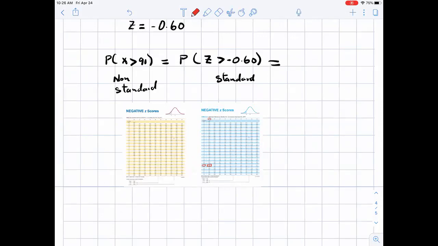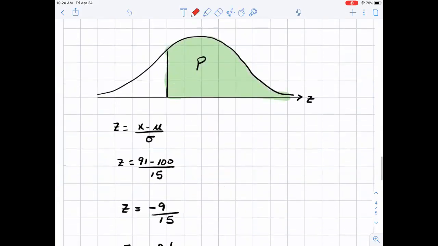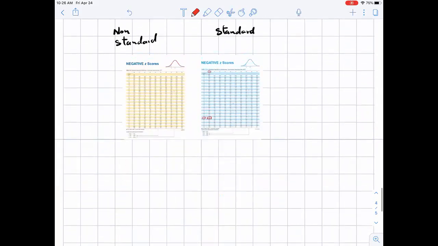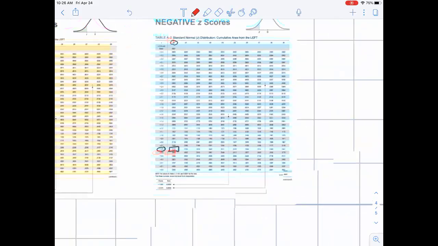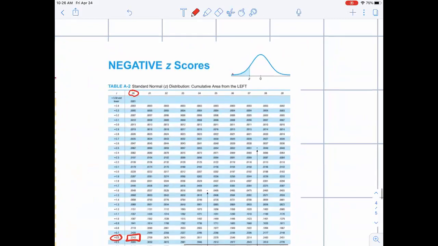So keep in mind, this is 0.2743, where we said that Z is equal to -0.60. But that's not what you want to find. Remember, when you look up values on this table, the values always show the area from the left side.